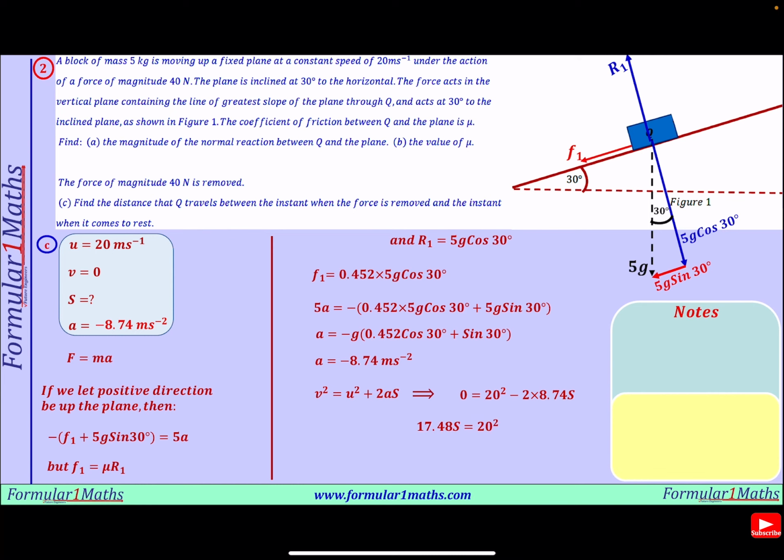Rearrange to get 17.48s equals 20 squared. Divide and solve for s to get this. Evaluate to get 22.9 meters. And this is the distance that the block will move before it comes to rest.